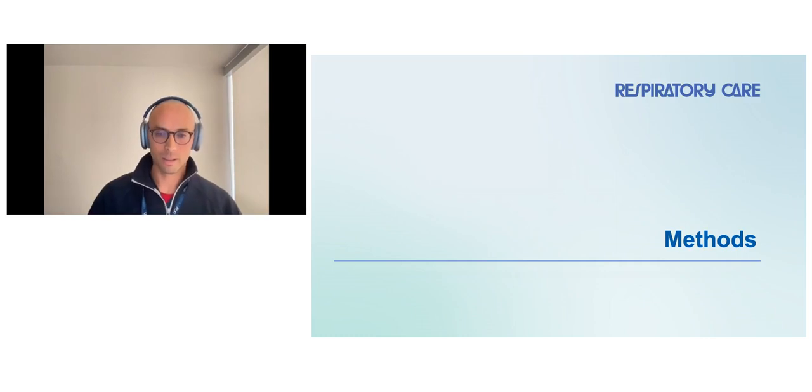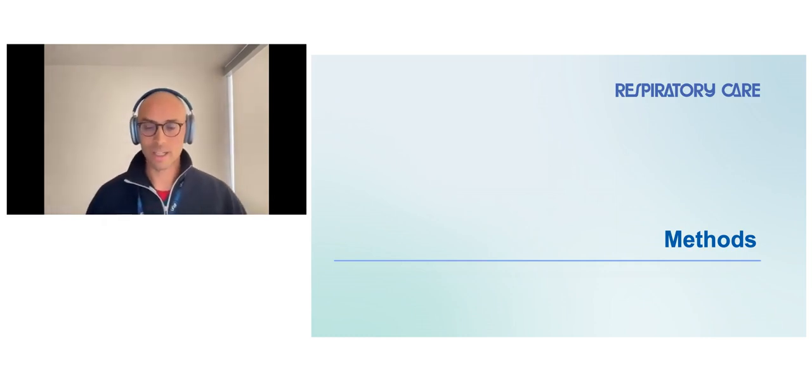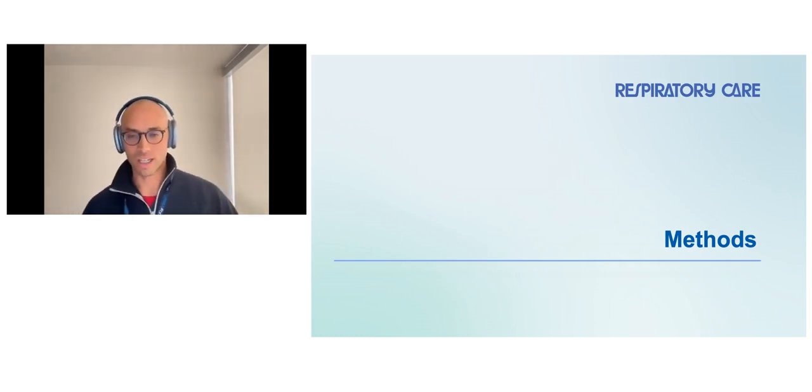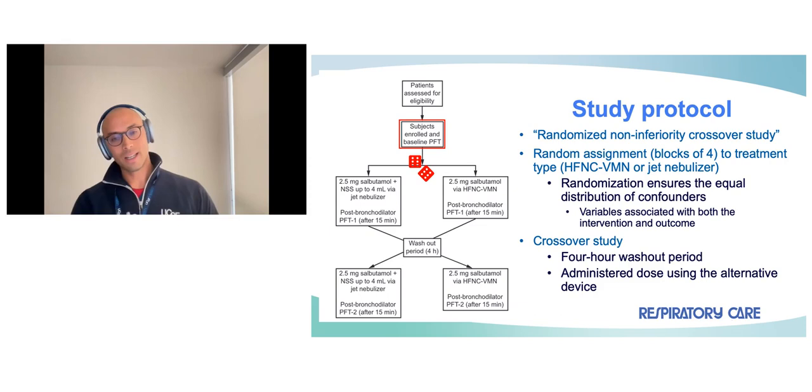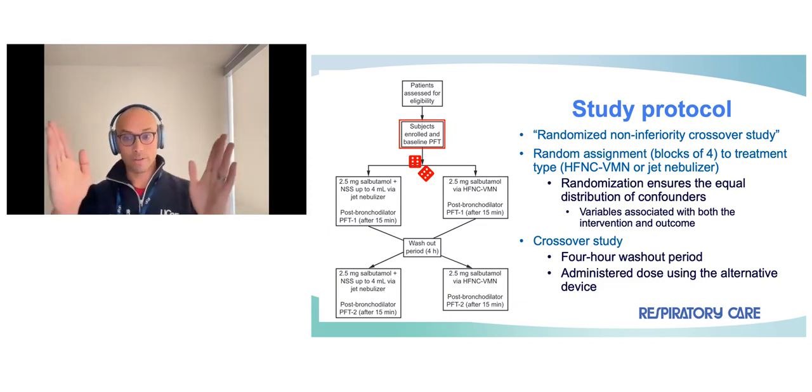All right, let's go into the meat and potatoes for this study. What did they do? This is a randomized, non-inferiority crossover study. What they did is they randomly assigned subjects in blocks of 4. What this means is that for every 4 patients, they randomly assigned out of the 4.